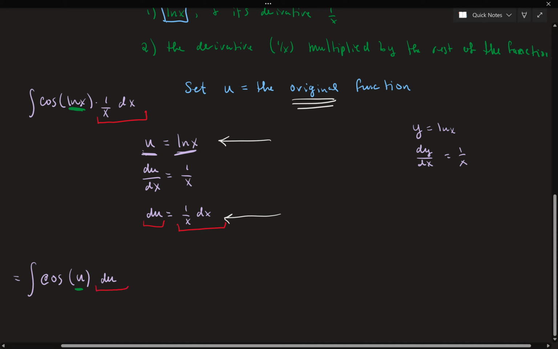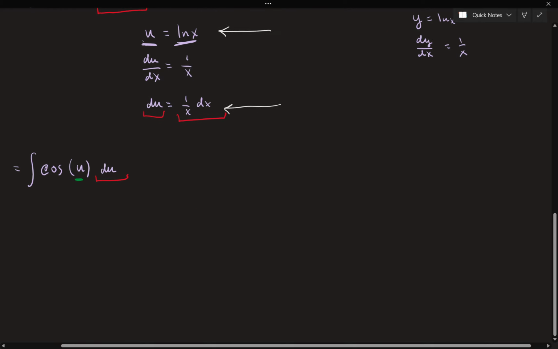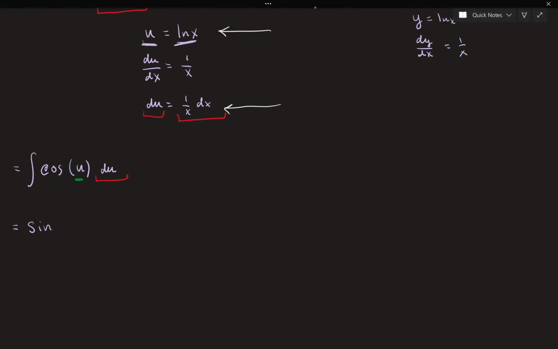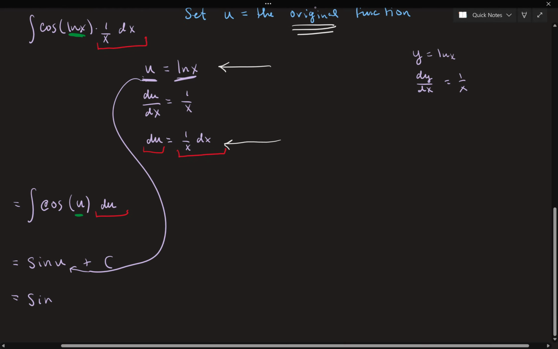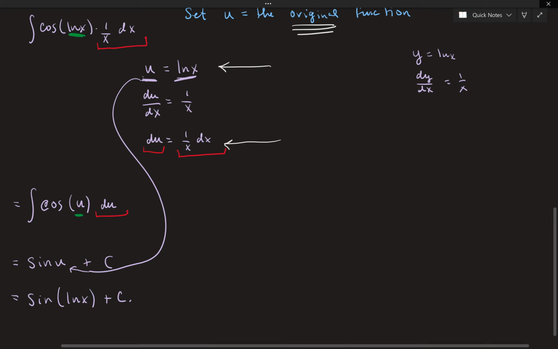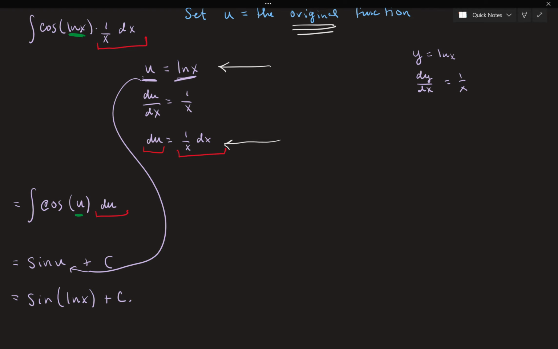So my 1 over x dx, I'm putting those in red. So now this integral is just an integral that I know how to do. It's just cosine. The antiderivative of cosine is sine of u, not sine of x. Add my plus c because I'm done integrating. And then I can just replace my u back in here. So I get sine of ln x plus c. And that's how you do it. In the next several videos, we're going to be doing more examples, and we're going to be talking about ways in which this can be different. And I'll see you in those.